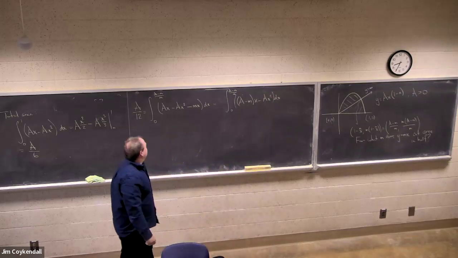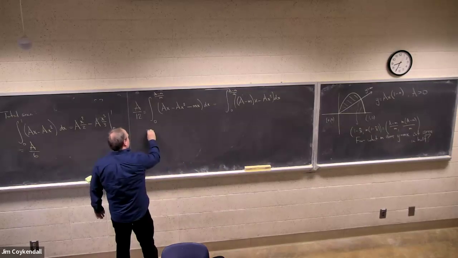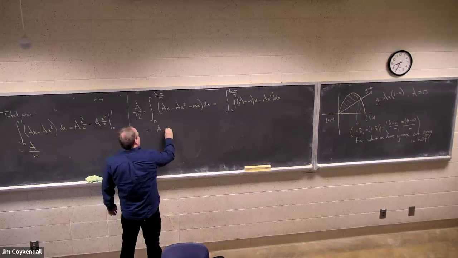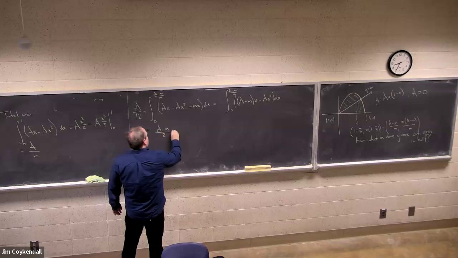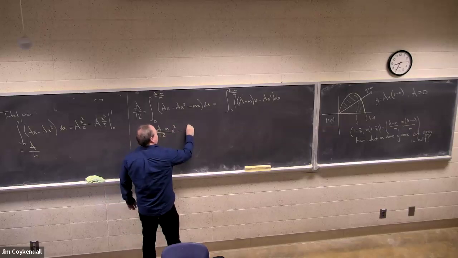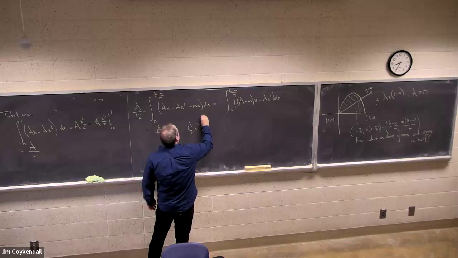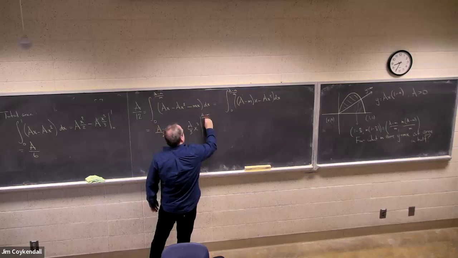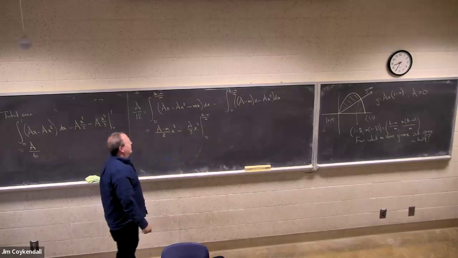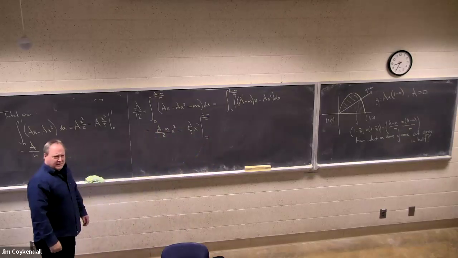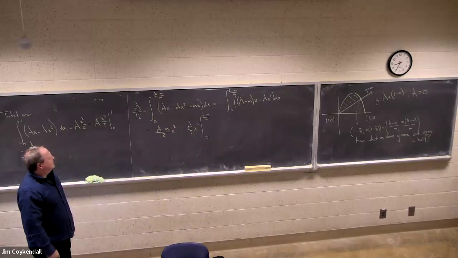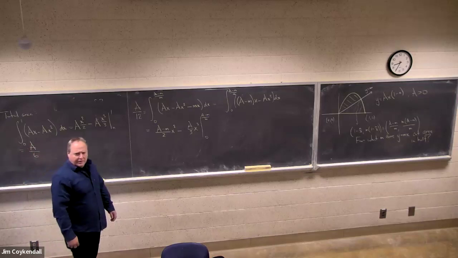So that'll make that a little bit easier, I hope. And this is going to be a minus m over two x squared minus a over three x cubed. That look right to you guys? Yeah, it does look gross, doesn't it?